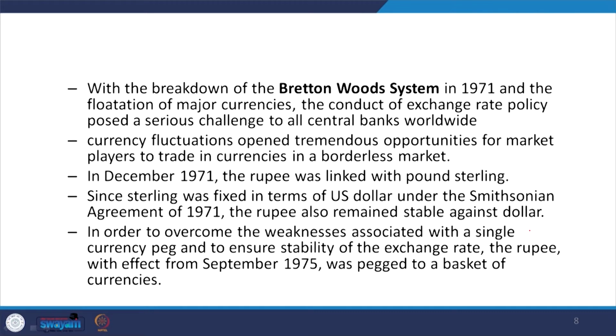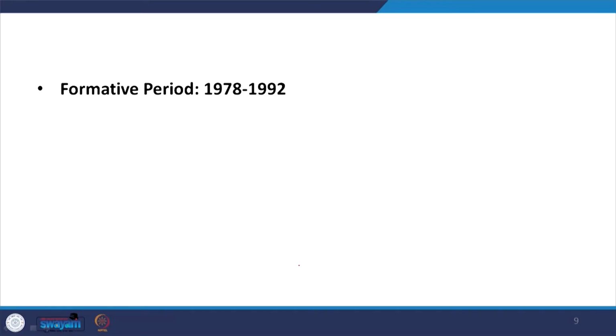A basket of currencies was identified to which the rupee was linked, especially in 1975. That is one of the important benchmarks here. And that is the end of the first, or the early, period of the exchange rate market of India.